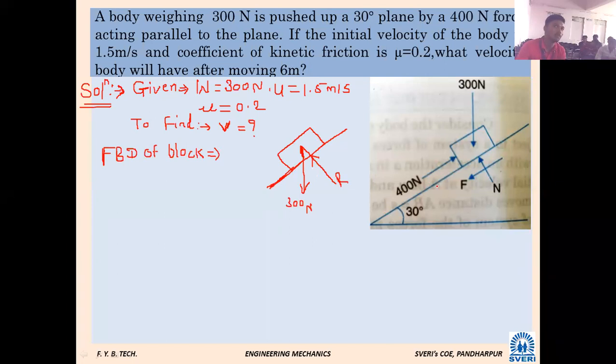In equilibrium we have seen, if the plane makes a certain angle with the horizontal, then the reaction on that inclined plane will make the same angle with the vertical. Whatever angle the plane makes with the horizontal, the reaction makes the same angle with the vertical. It will be 30 degrees again.